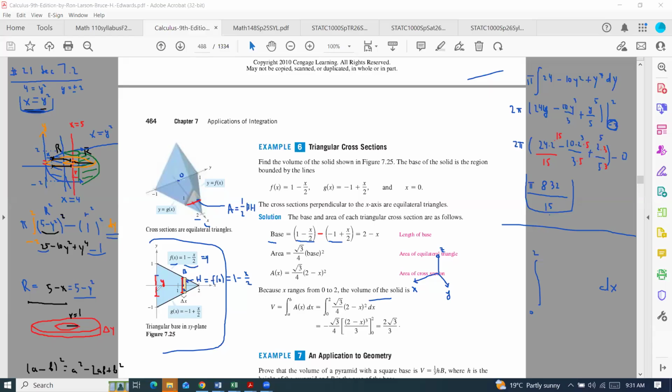So what is double? Y, and there is another y. So you could just say 2 times y, or 2 times 1 minus x over 2. So that's 2 times 1 is 2, and x over 2 times 2 is that. So I don't know, you could add one to the other, or you could just say twice. So now we're clear what the base is, right?